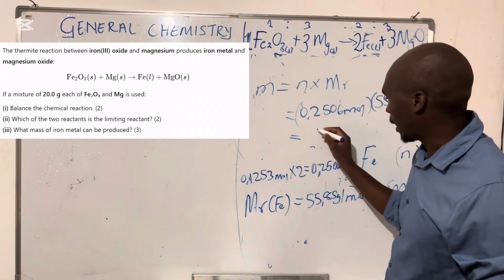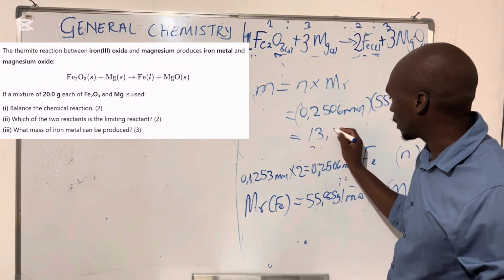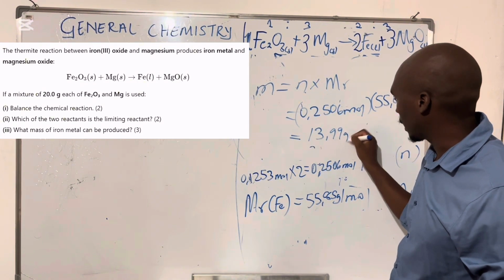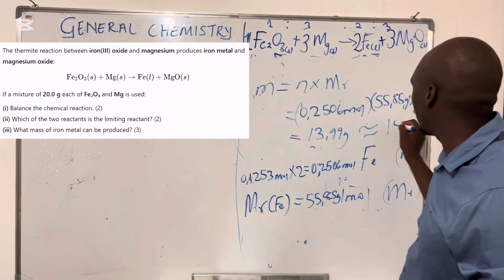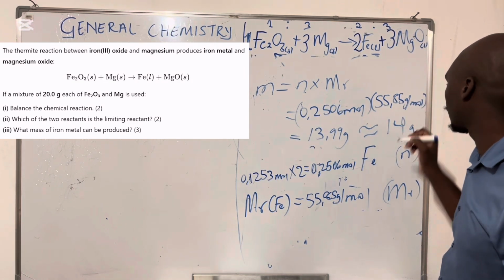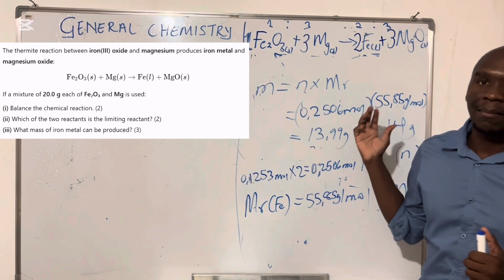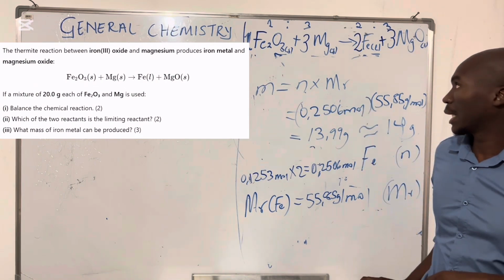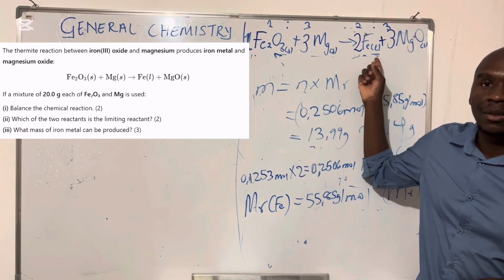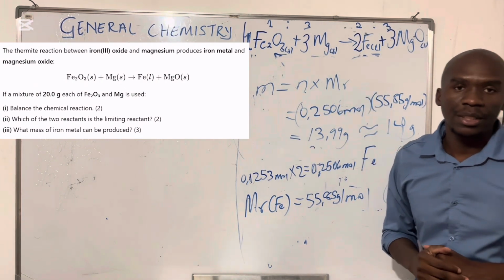From there, the answer becomes something like 13,99 gram, which is approximately 14 gram. So in other words, the mass should be 14 gram, the mass of this iron that has been produced.